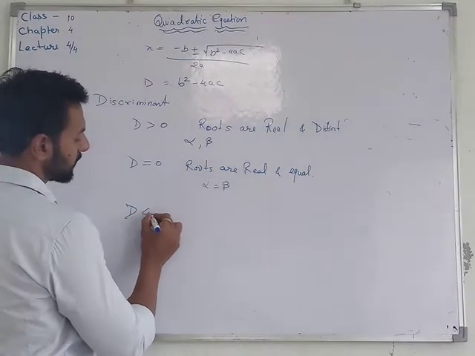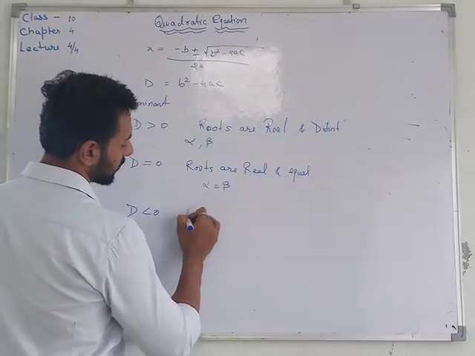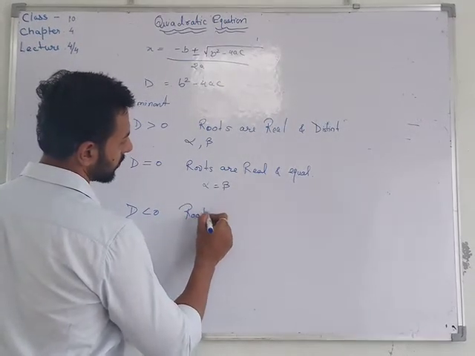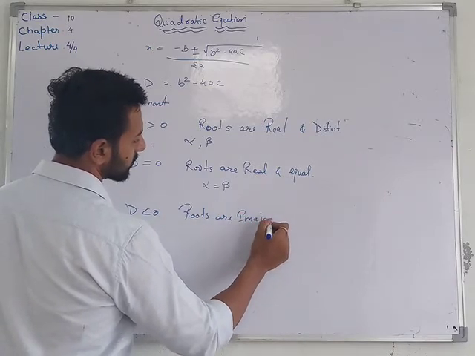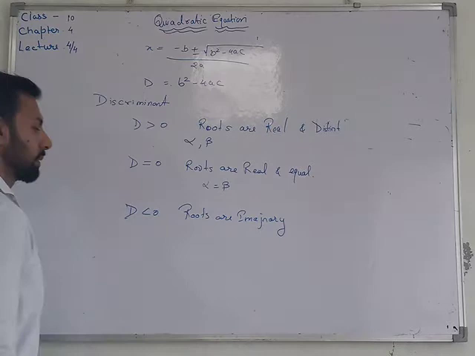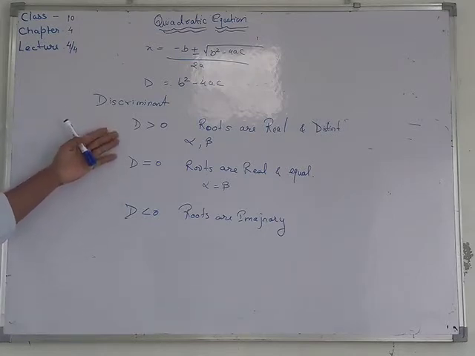And if d is less than 0 or negative, then the roots are imaginary, means roots cannot be defined on the coordinate axis. So in this manner we can know the nature of the roots if we find out the value of discriminant, which is b square minus 4ac. Now let us see the question based on this.